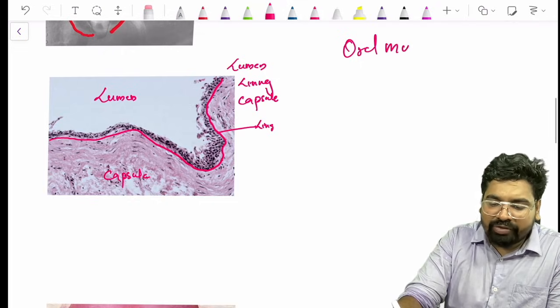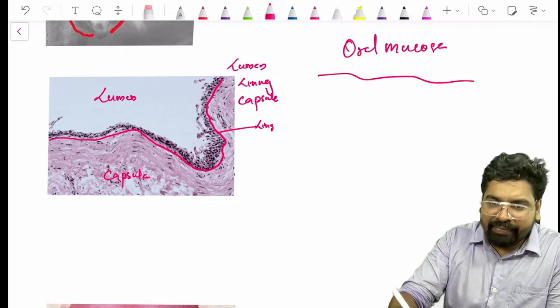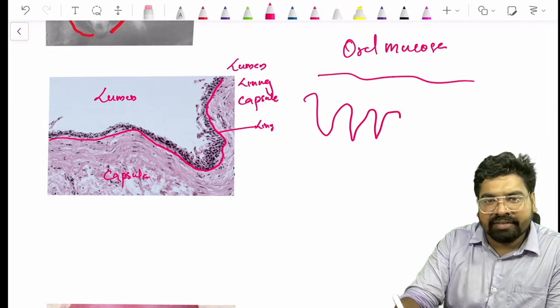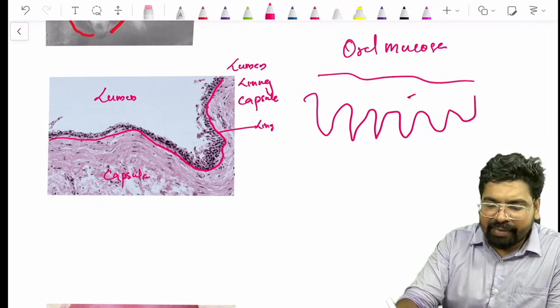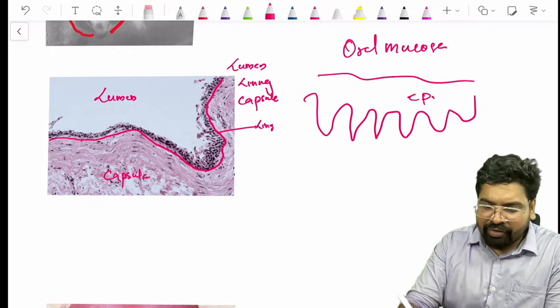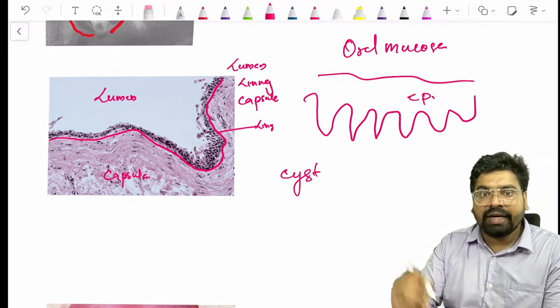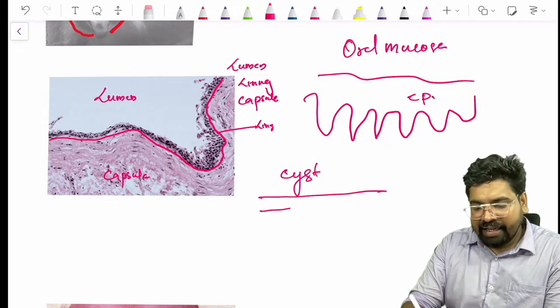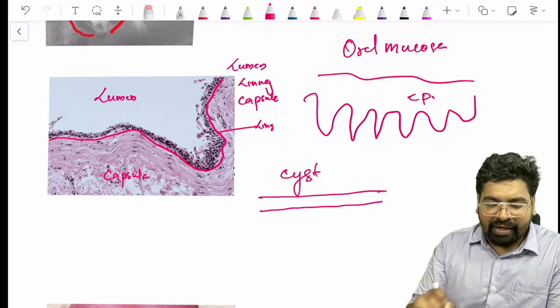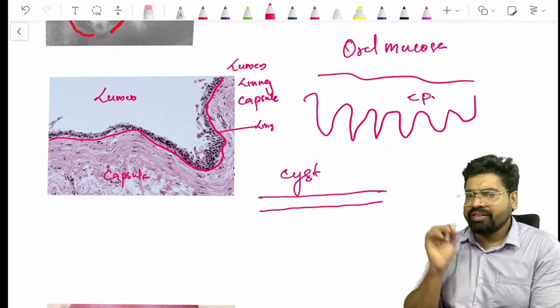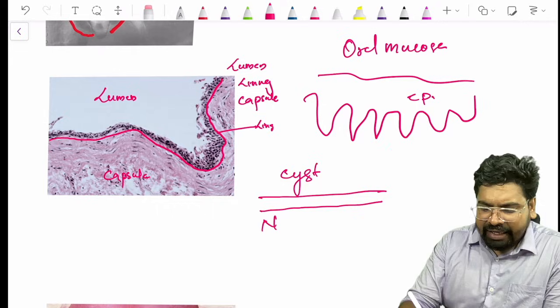If you take an oral mucosa, the epithelium will have rete ridges like this. But for a cyst, there are no rete ridges. It will be a lining without rete ridges, with no extension to the connective tissue, no extension to the capsule.